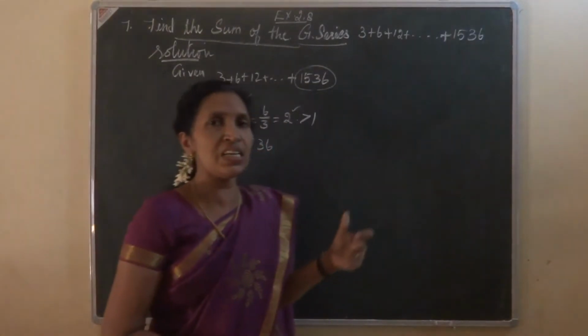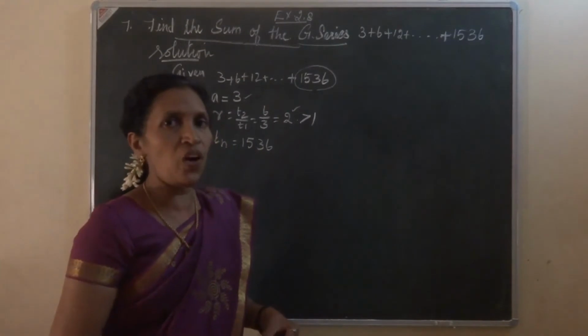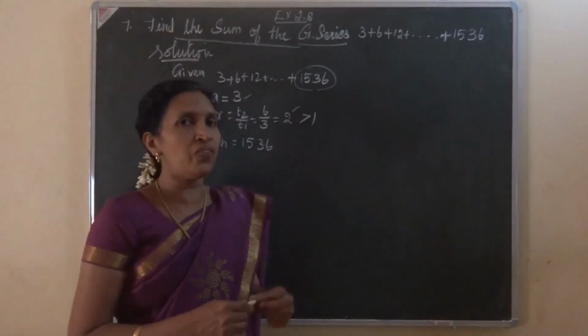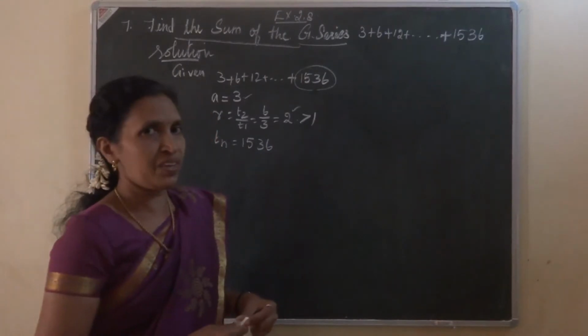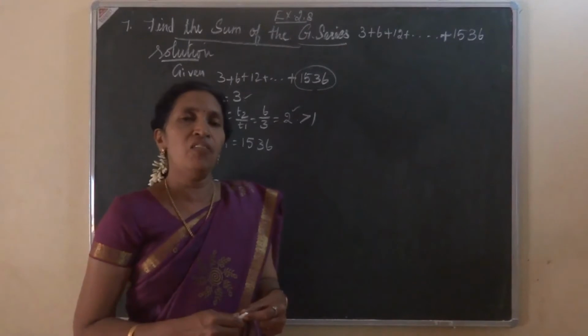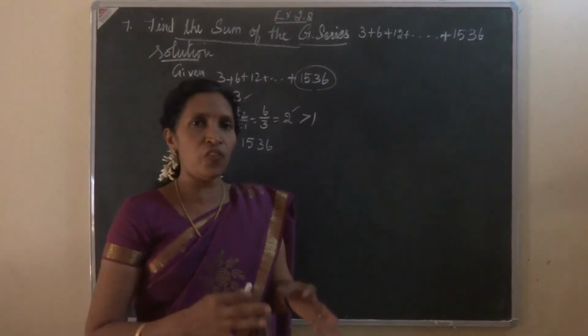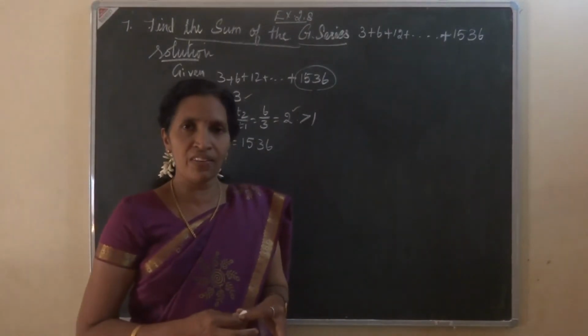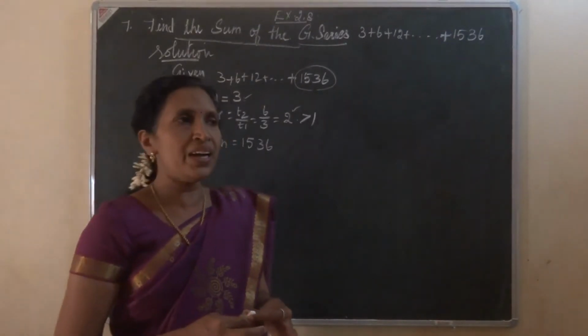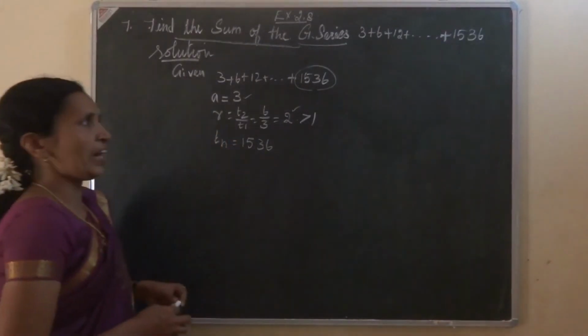Clear? But we need the value of n for finding the sum. In this geometric series, we don't have any direct formula to find the value of n. But we can find it.